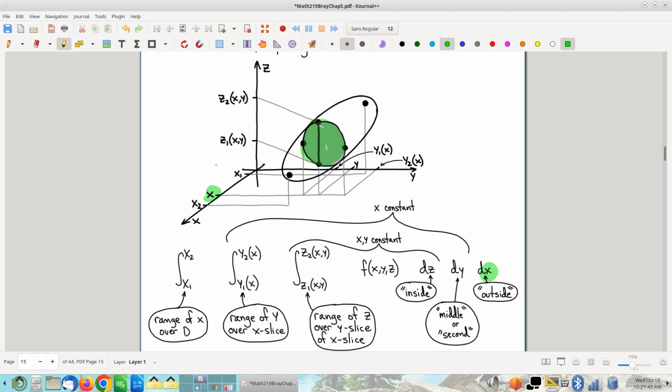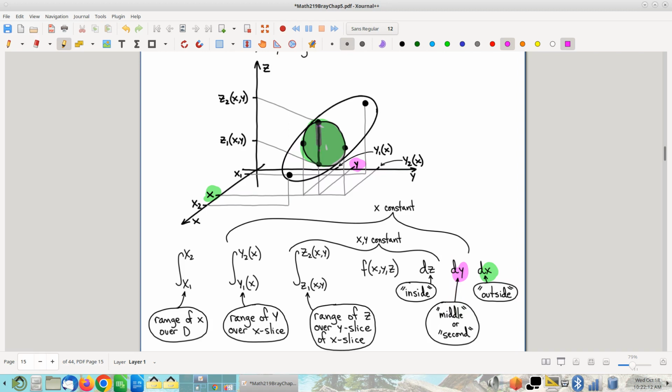Okay, so with x being fixed, focusing on this cross-section, we then move on to asking what's the range of values of y. So y will have a first slice and a last slice, thus giving us our y bounds. And then, with those determined, we fix a value of y. So now both x and y are fixed.